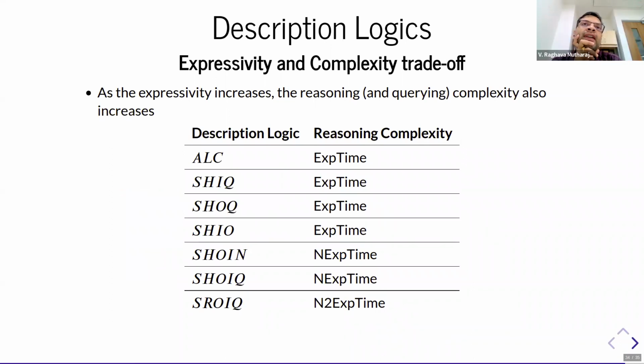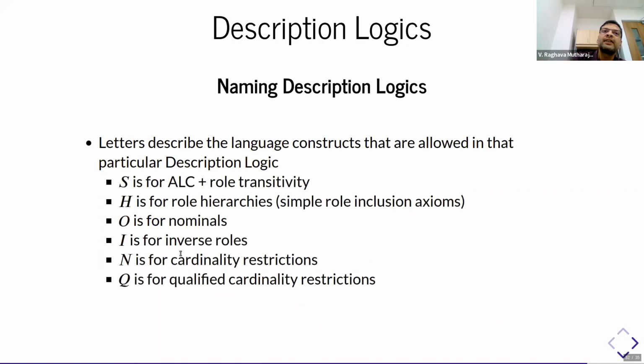So there is always a trade-off between expressivity and complexity. What do we mean by expressivity? Different description logics, depending on the constructs they support, can vary in expressivity. For example, if a description logic supports only S, that means it's just ALC plus role transitivity.